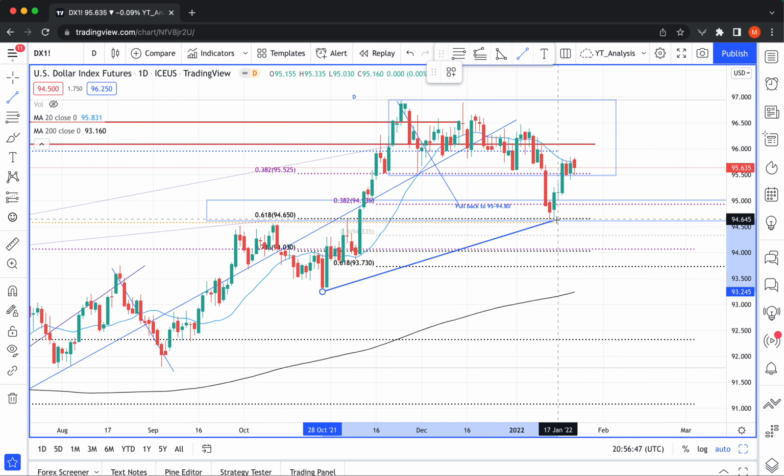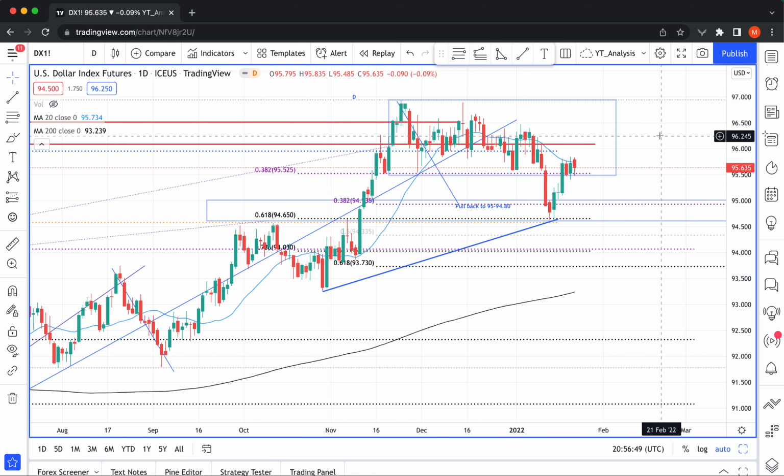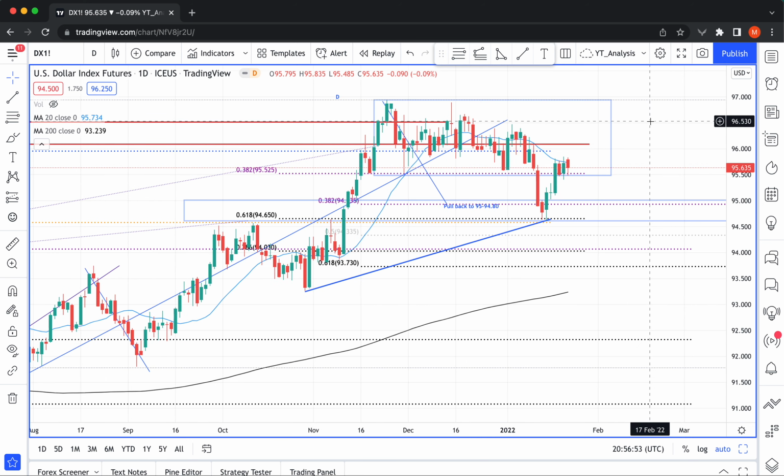And now price just boosted higher from here, which means the US dollar has been stronger against a basket of currencies.